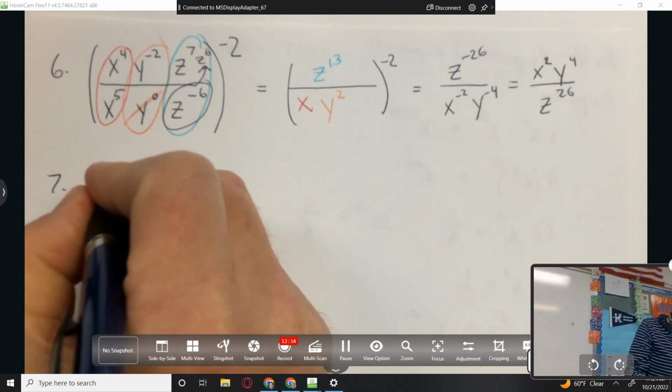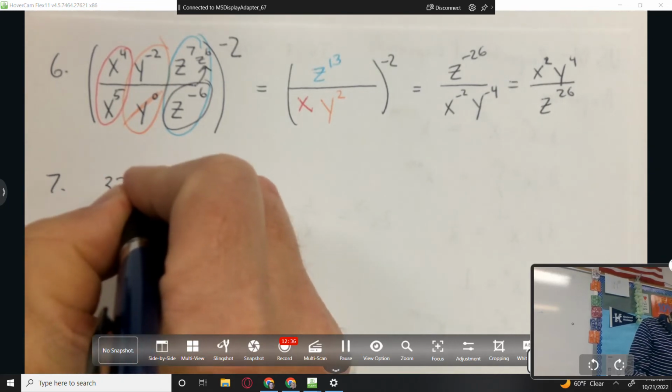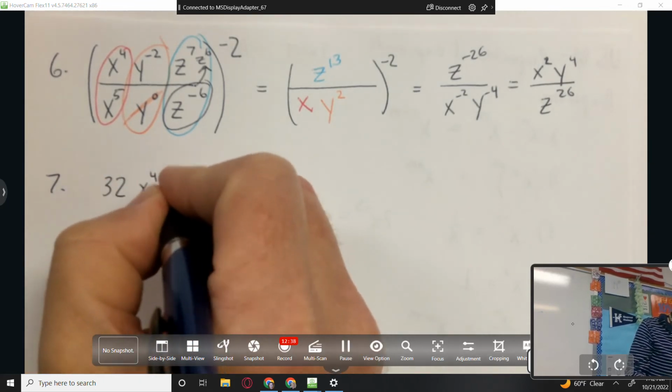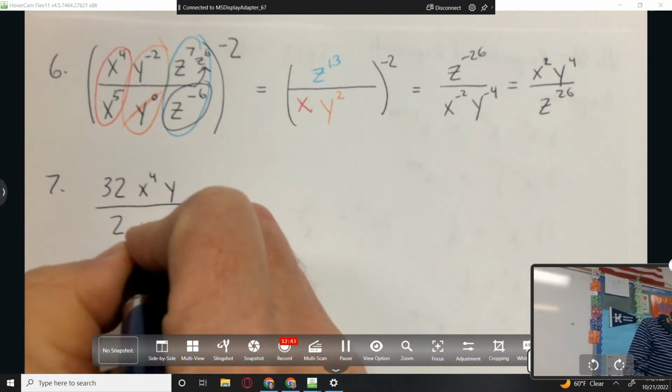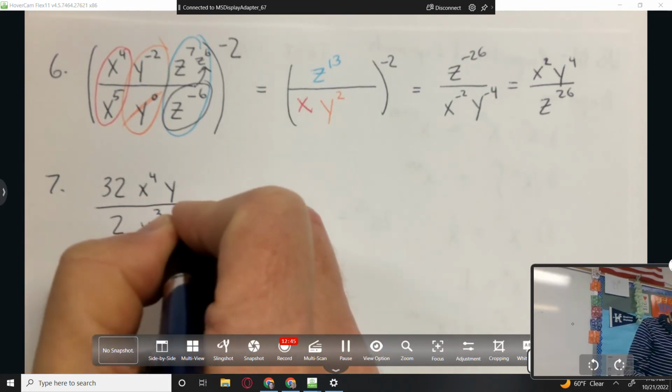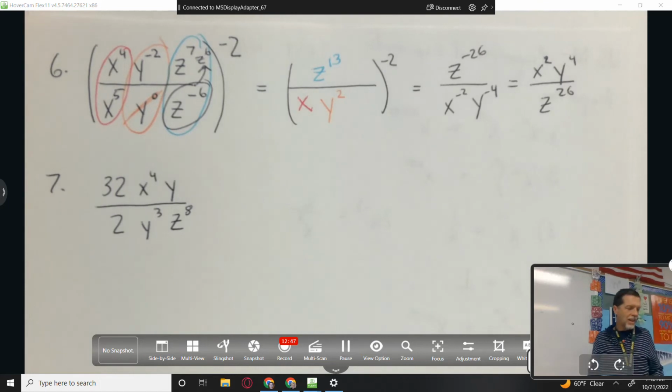Number 7. 32 x to the 4th y over 2 y cubed z to the 8th. And then, of course, we're not done yet.